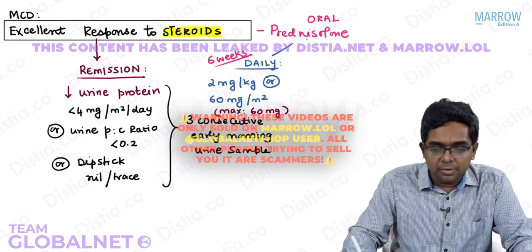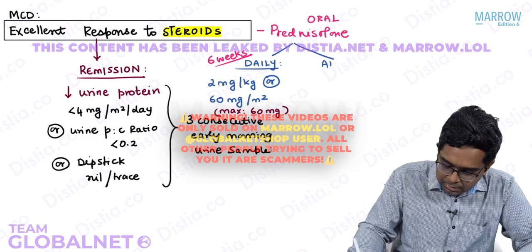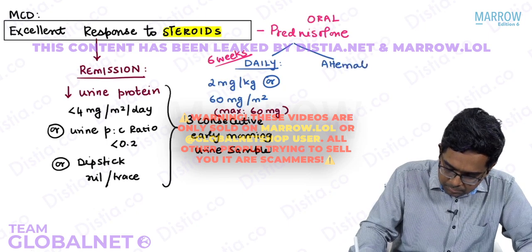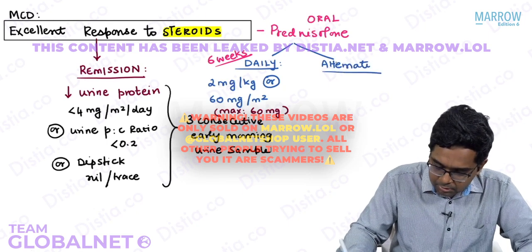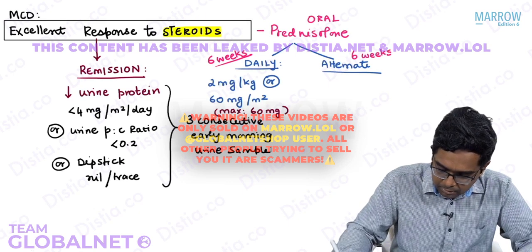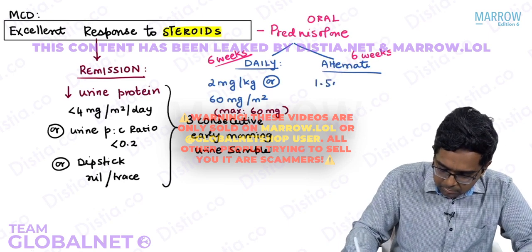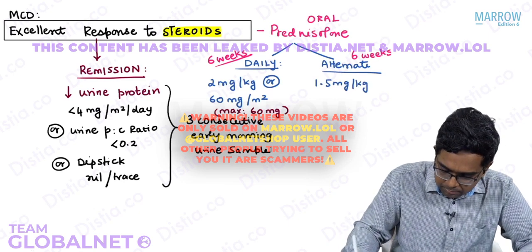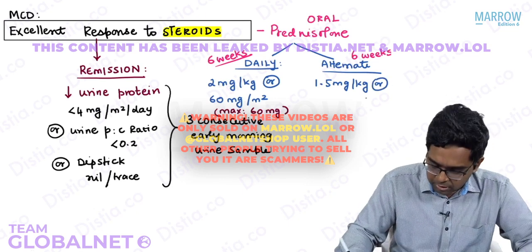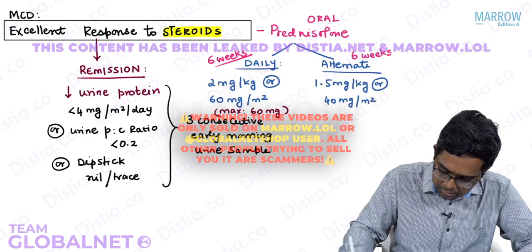Now after this daily treatment of 6 weeks is over, then we give alternate day steroids. Alternate day steroids are again given for 6 more weeks, and the dose is 1.5 milligrams per kg per day, or if you calculate in body surface area, 40 milligram per meter square per day.